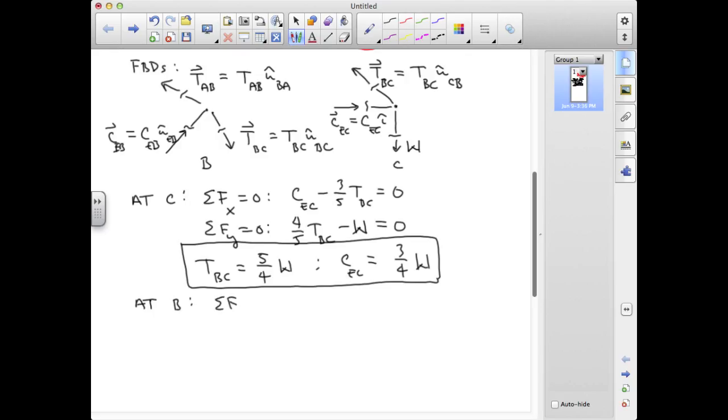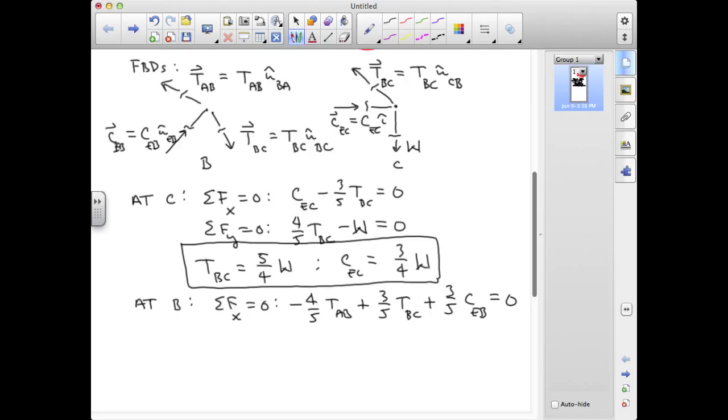And in the x direction, I have minus 4/5 TAB plus 3/5 TBC plus 3/5 CEB equals 0.